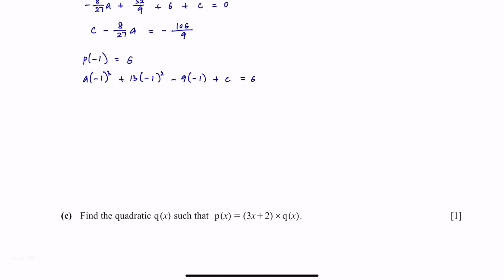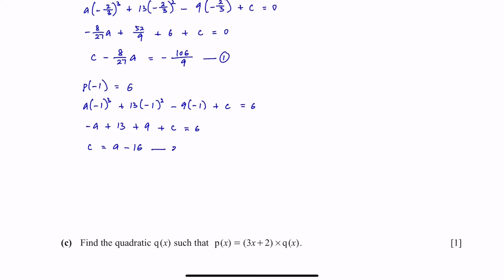And this would give us negative a plus 13 plus 9 plus c equal to 6. And we would get c equals a minus 16. So this would be the first equation, and this would be the second equation.